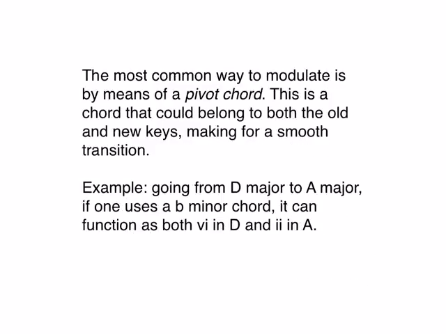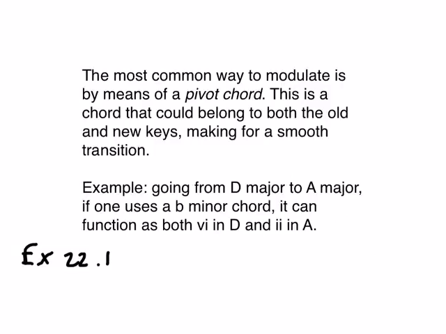Now let's talk about the most common way to modulate, and this is by means of a pivot chord. This is a chord that could belong to both the old key and the new key, making for a smooth transition. For example, look at example 22.1 in your textbook, and play through this example on your recordings.